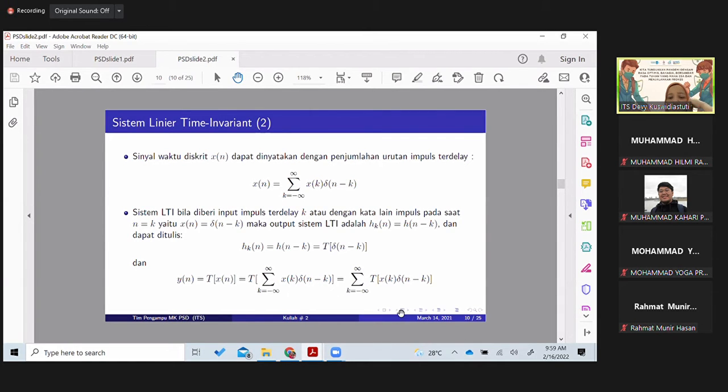Or we could also say that y[n] equals the summation of the transformation of x[k] δ[n-k].